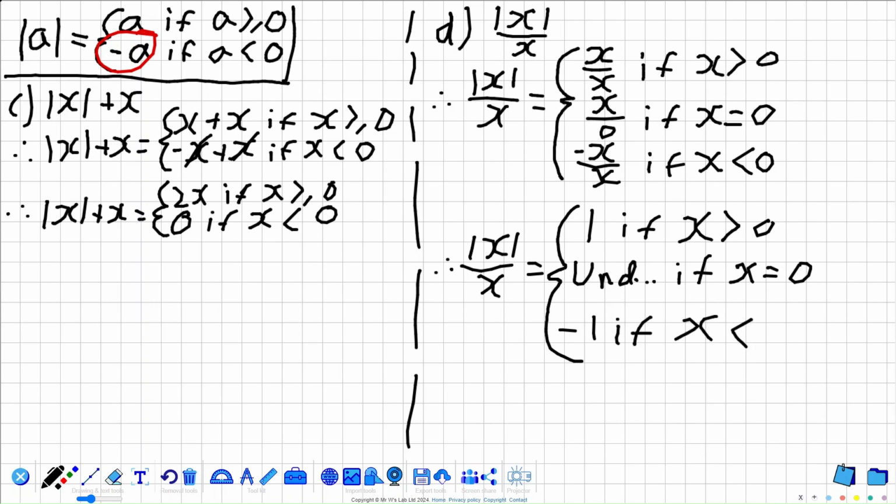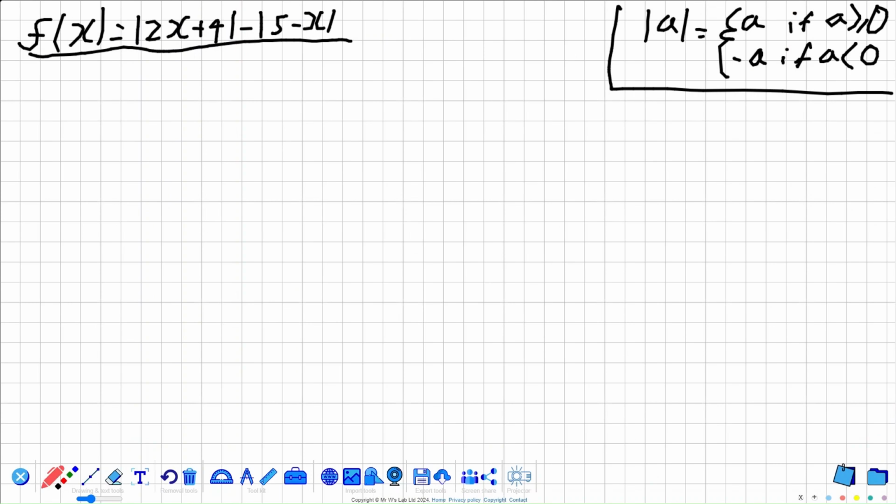Okay, so now we've got a bit more of a challenging one, simply due to the fact that we actually have two absolute functions here. So what we're going to do, and it's a similar process, it just involves a few more steps, is we're going to evaluate both of them separately. So I'll do the first one first. We've got |2x + 4|, which equals, oh, that's a straight bracket, there we go, 2x + 4.